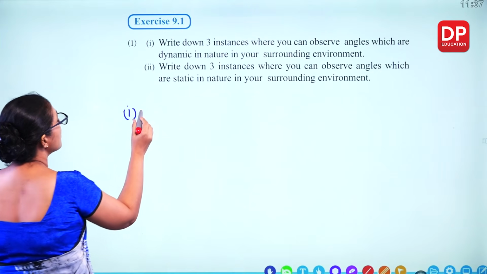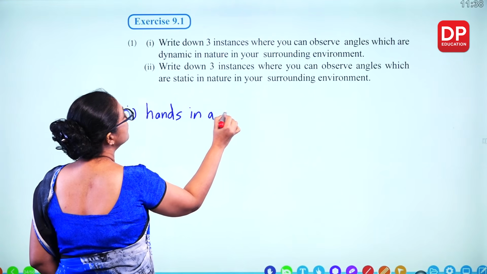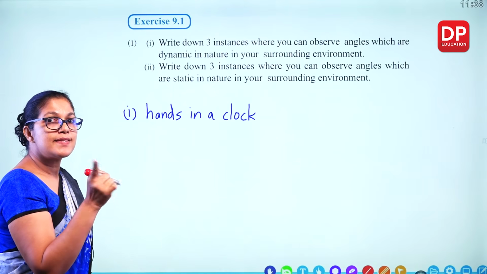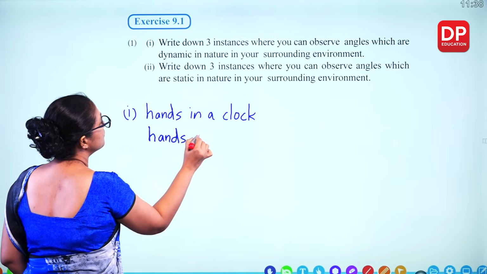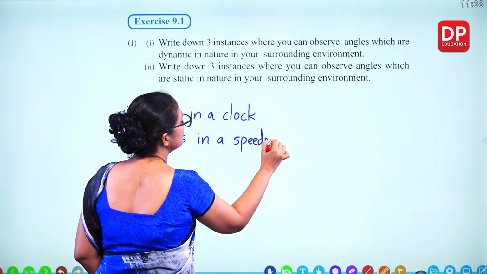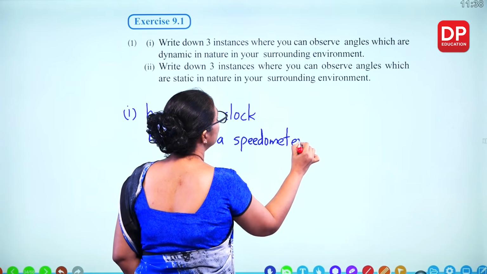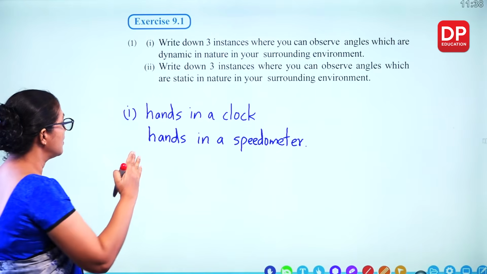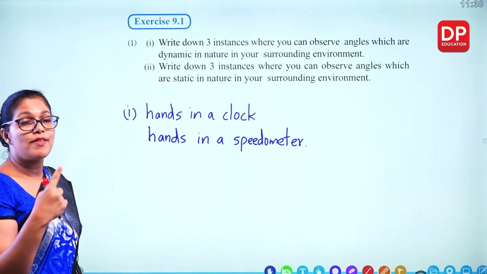Hands in a clock, and hands in a speedometer, and what else? Always you need to find out what's rotating all the time.